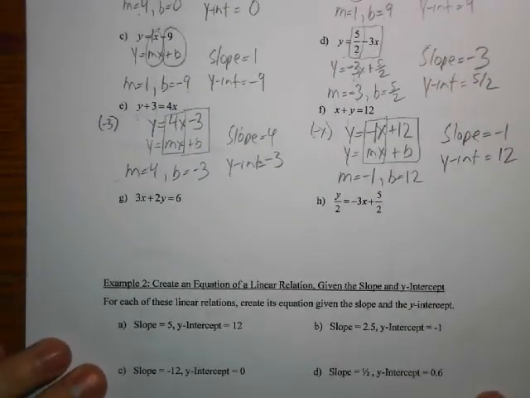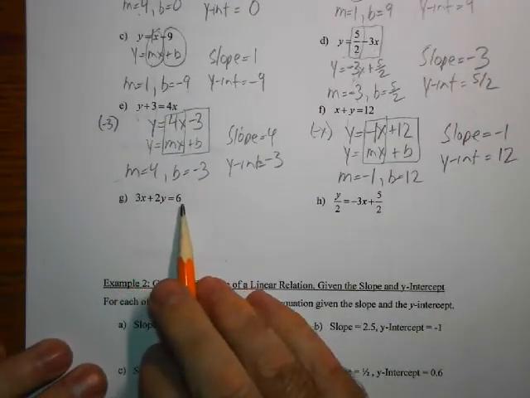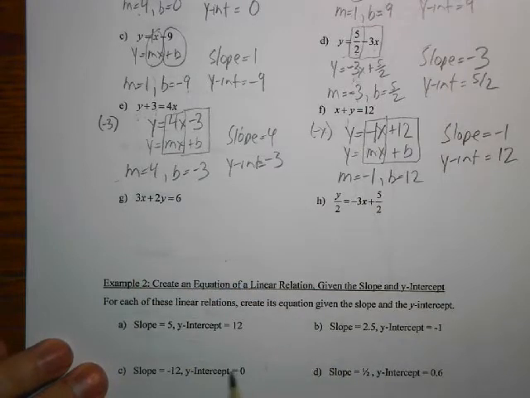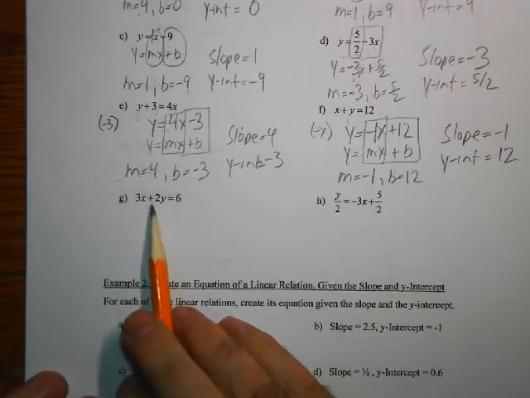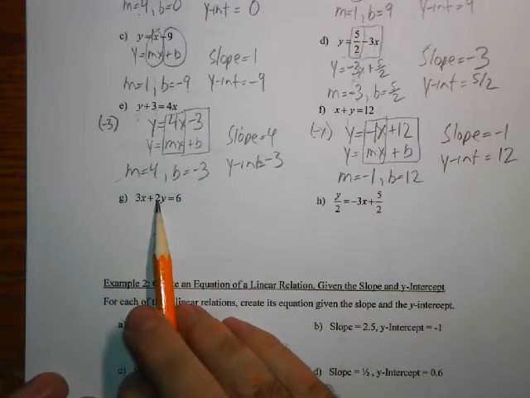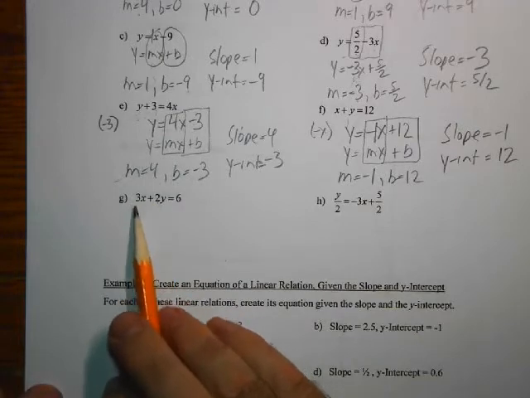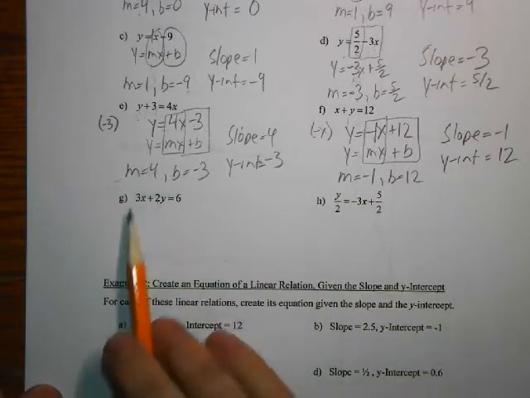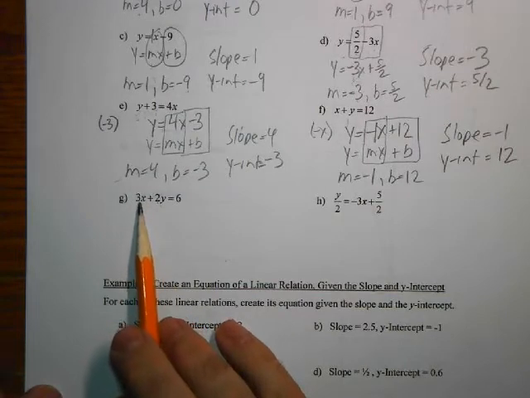Two more to go. This time we have 3x plus 2y equals 6. This one we actually have to do two things to get the y by itself. The very first thing we do, don't worry too much about the 2 there. What we want to take care of first is to get rid of any extra terms that are being added or subtracted with the 2y.